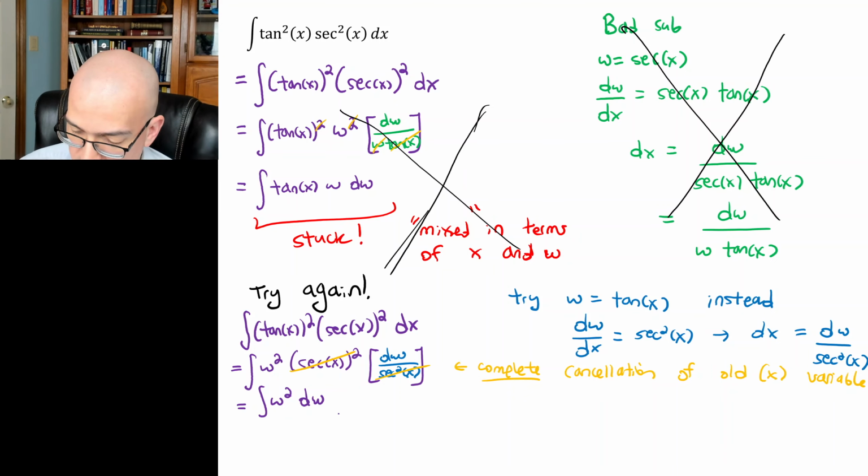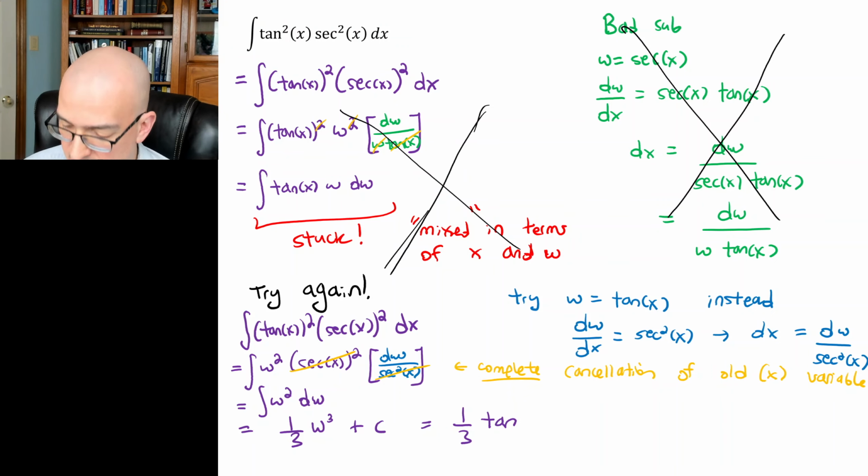We can use the anti-power rule. We get 1/3 w to the 3 plus c, and we have one more step, just undo the substitution. W is tan, so tan cubed of x. I'll write a little bit neater than that. Tan power 3 of x plus c.